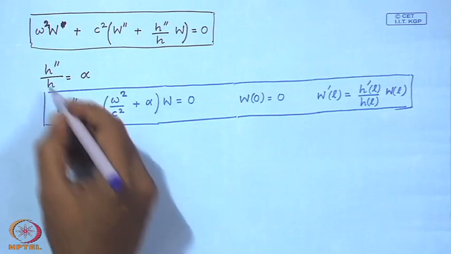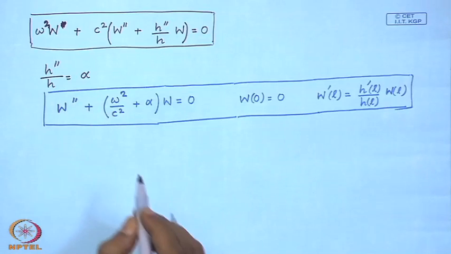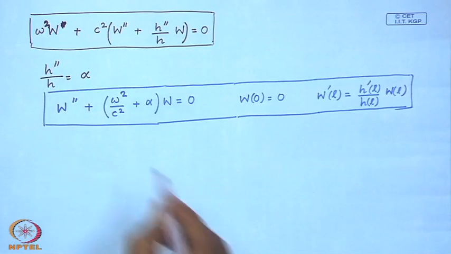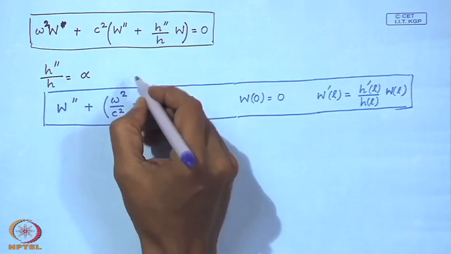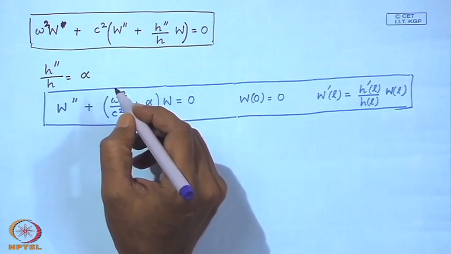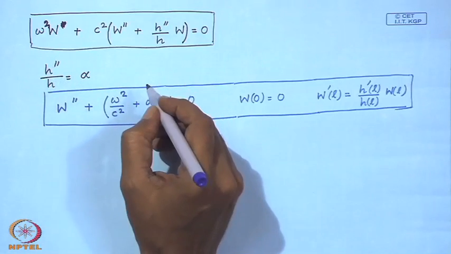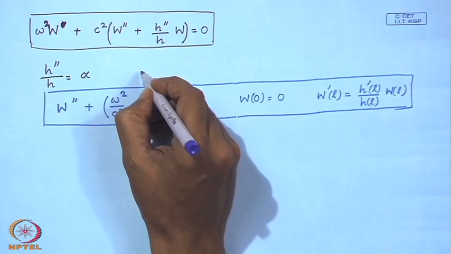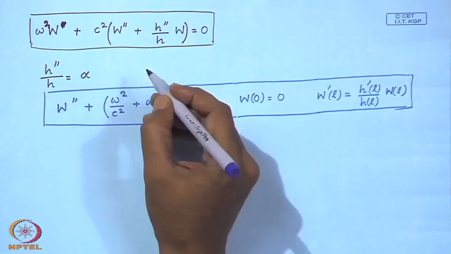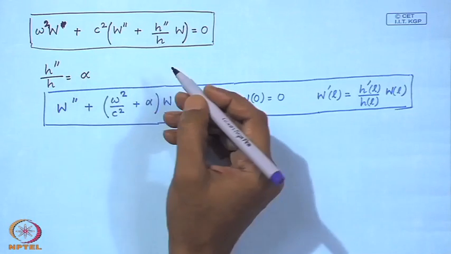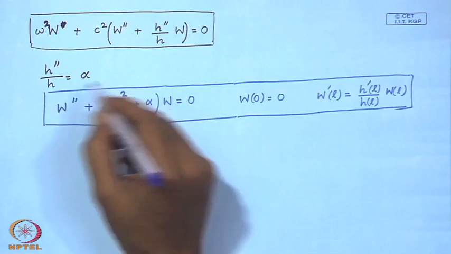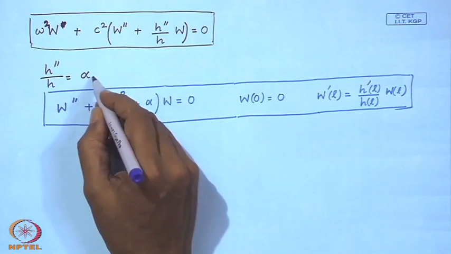Now, we are looking at a class of systems for which this function h double prime over h is a constant, which is alpha, which may be positive or negative. So, this class of system is characterized by variation of h which is hyperbolic for alpha greater than 0, it is harmonic for alpha less than 0, and h is a quadratic function of x if alpha is 0.